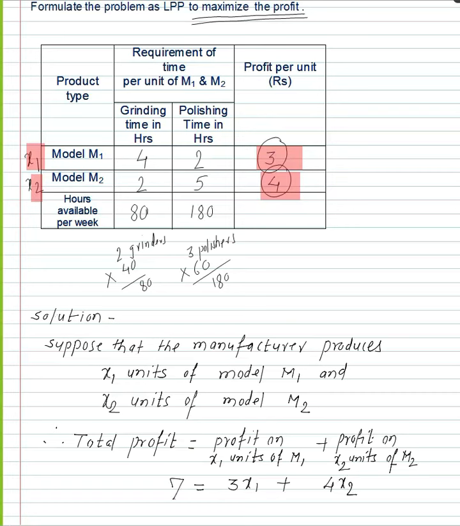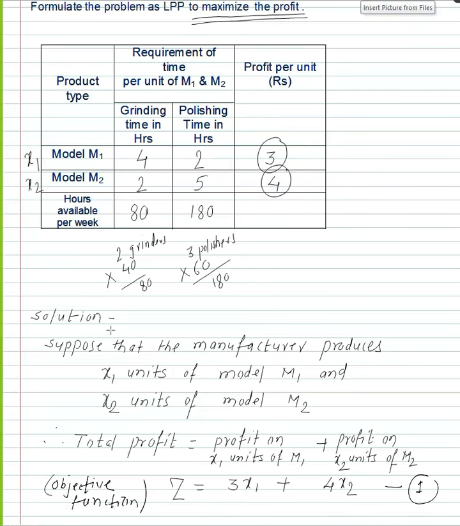Let us denote this equation by Z. That is, Z denotes the total profit of the firm, and we have to maximize this profit. So this is the objective function. Suppose this is equation number 1.